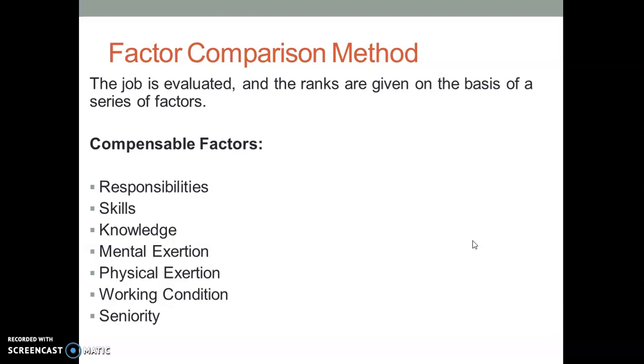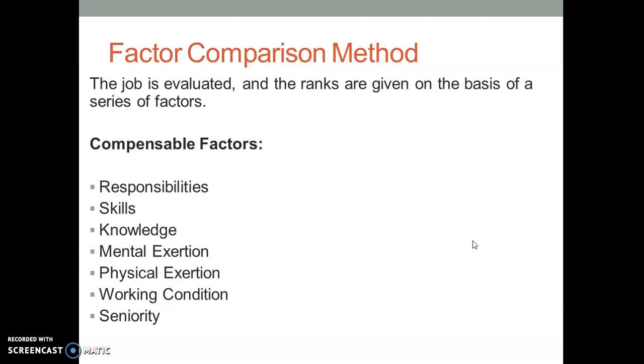Another dimension of compensable factors is called mental exertion, and the next is physical exertion. These two dimensions are the inputs of any job profile related working condition, or we can say job profile related working criteria. Now, when we look at mental exertion, a few jobs require lots of intellect as well as cognition while providing any kind of solution.